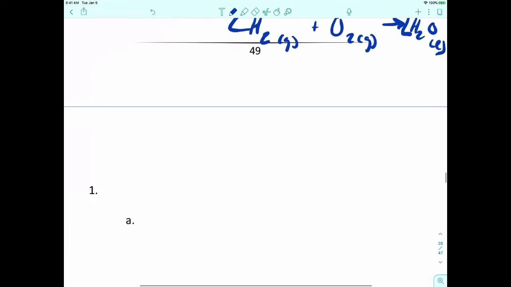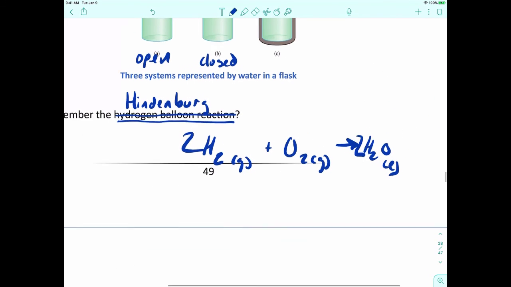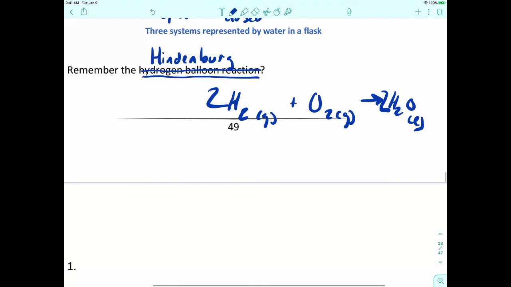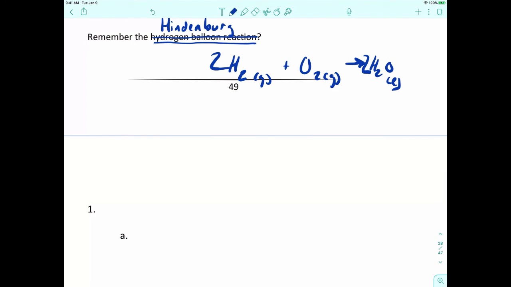But this really connects to what we're talking about. So we saw that the Hindenburg explosion was an explosion. This released a lot of heat, a lot of energy really quickly. And anytime we see that, where a reaction is releasing energy very quickly, this is called an exothermic reaction.